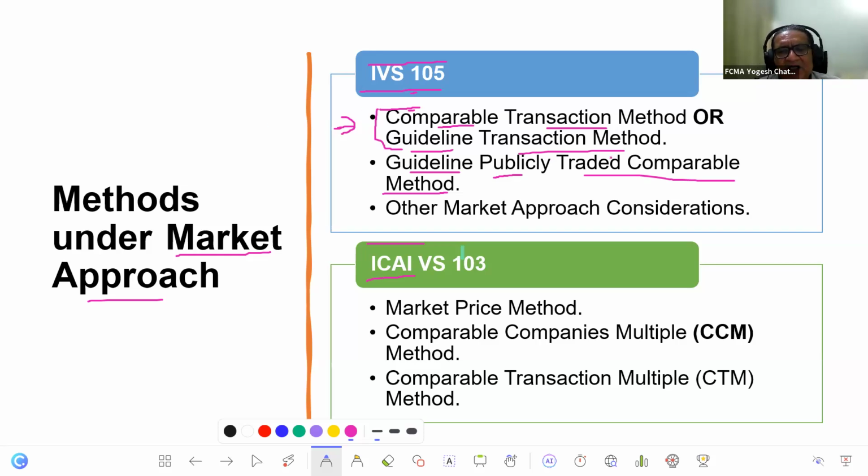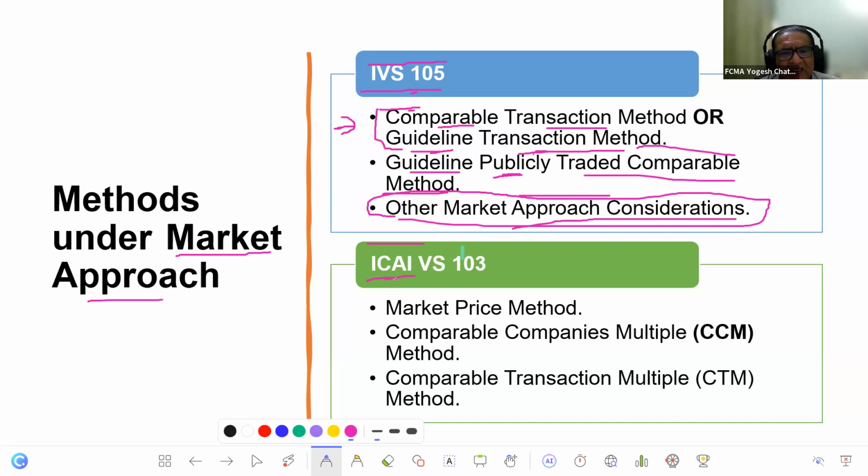I can take that as a comparable and do the valuation. Then there are other market considerations. Under that we can have the rule of thumb, which will include various multiples and comparables. We also have a discount for lack of marketability, discount for lack of control, and discount for block deal. All that will be part of the other market approach considerations.